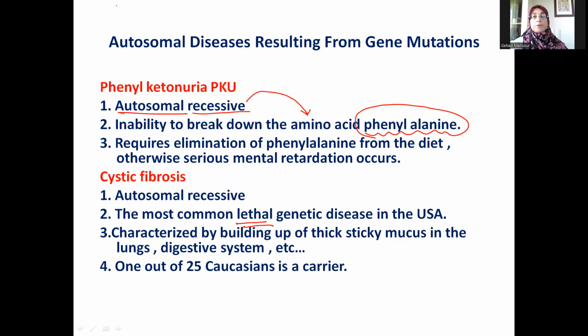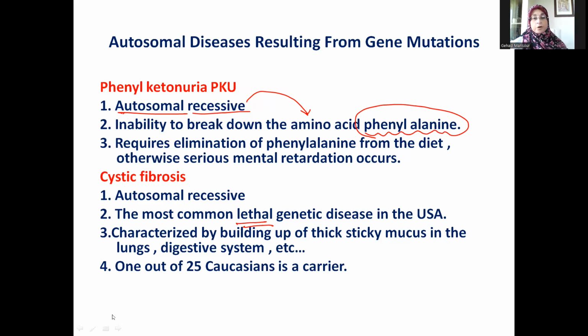And it has been shown that cystic fibrosis is the most common lethal genetic disease in the United States, and the frequency in Caucasians is 1 out of 25, which means 4%, and this is a high percentage.